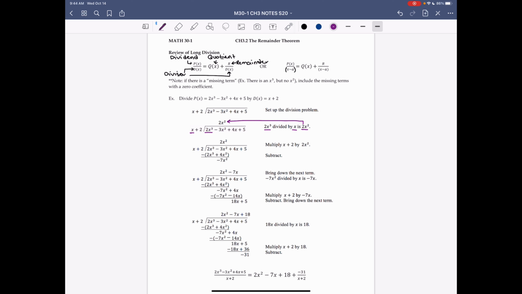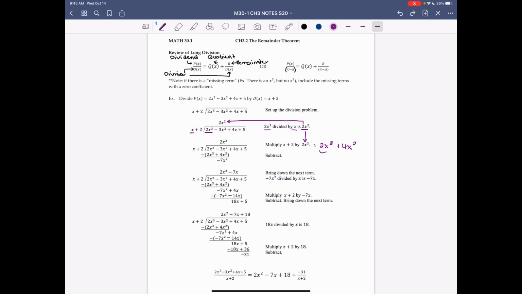Next, we multiply our divisor, x plus 2, by the term we just calculated in the step above, so by 2x squared, and x plus 2 times 2x squared gives us 2x to the power of 3 plus 4x squared.